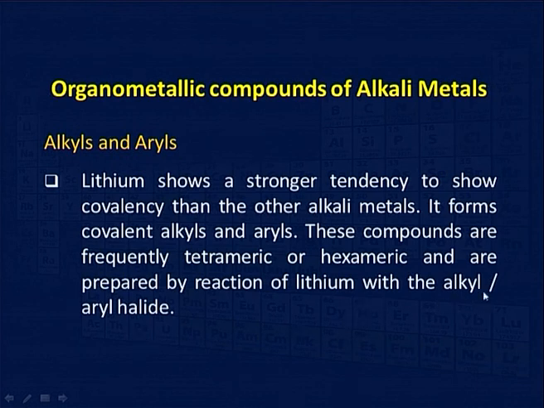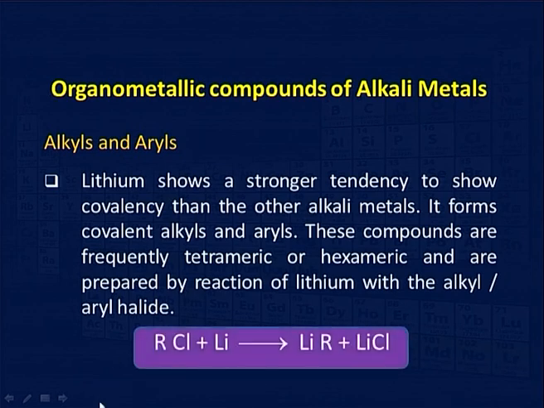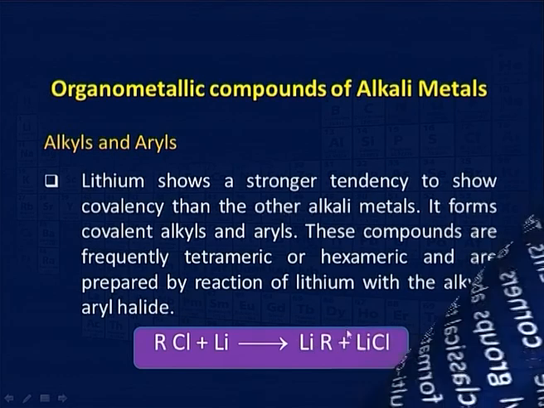You can have either methyl chloride or methyl iodide. See here RCl, where R is alkyl group or aryl group, and then with lithium we get LiCl as salt and LiR is the lithium alkyl part of it.